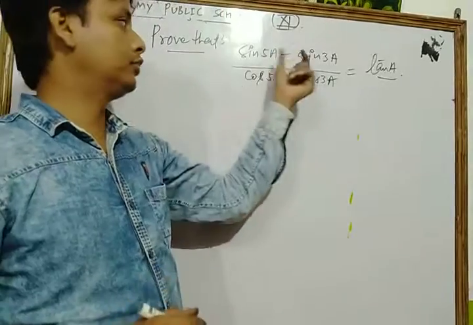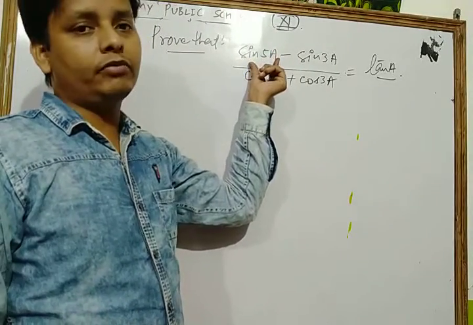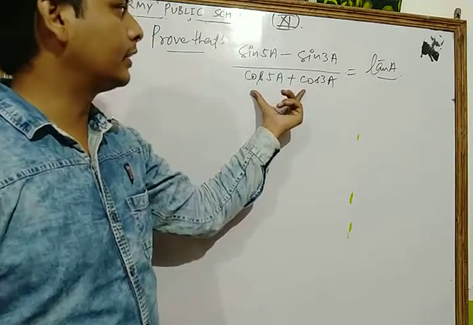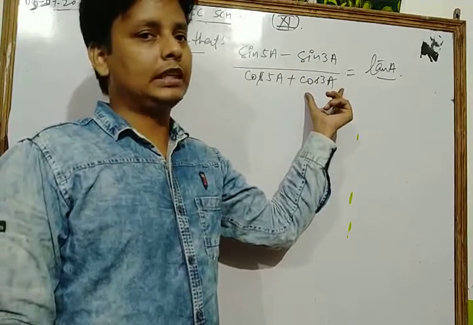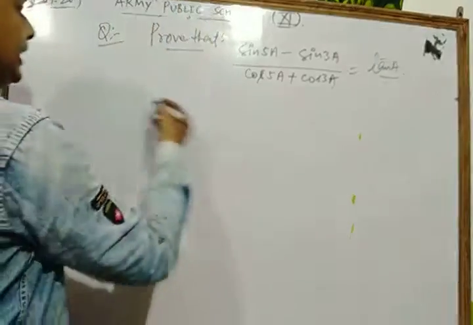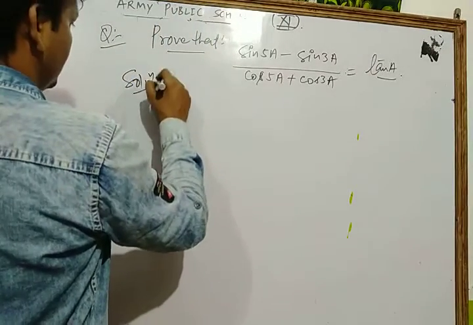Okay, we have to show that sin 5A minus sin 3A upon cos 5A plus cos 3A is equal to tan A. Now first we take LHS, let's solve it.